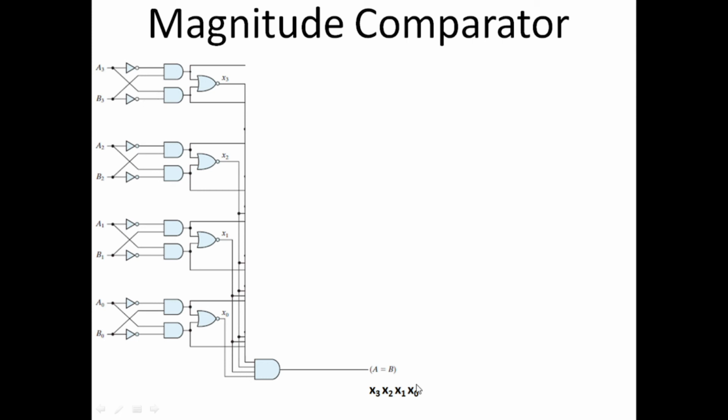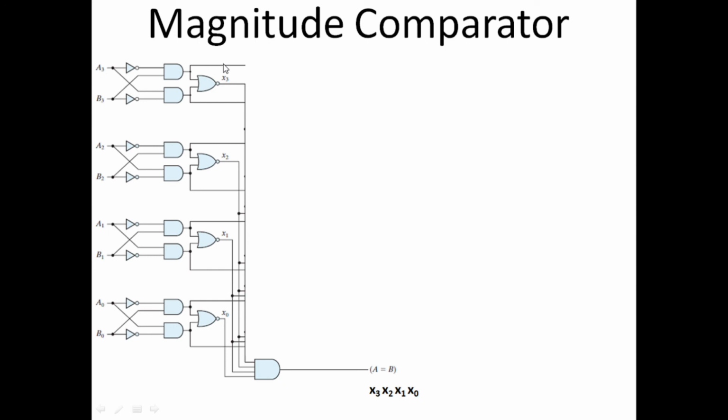So x0, for example, is here, where x0 is a0 b0 + a0' b0', and this NOR gate actually implements the whole complement which was above the parenthesis. So this part implements x0, this part implements x1, this part implements x2, and this part implements x3.